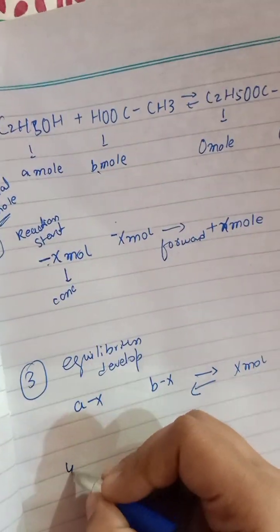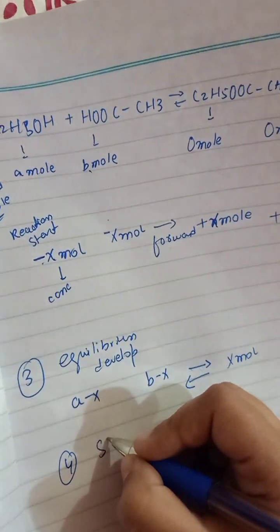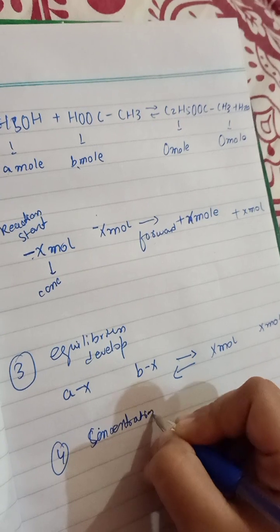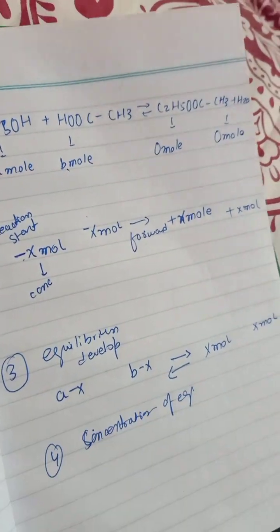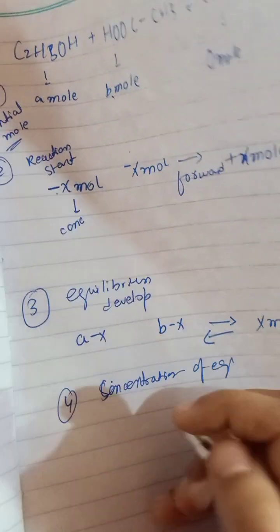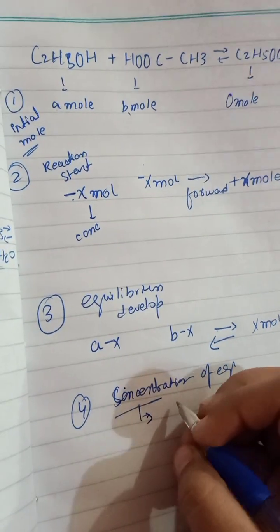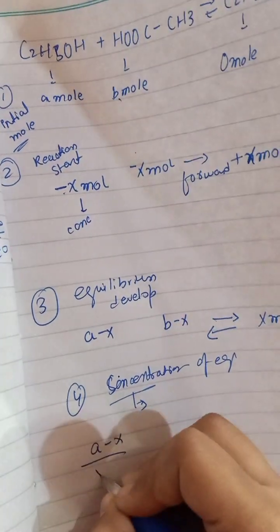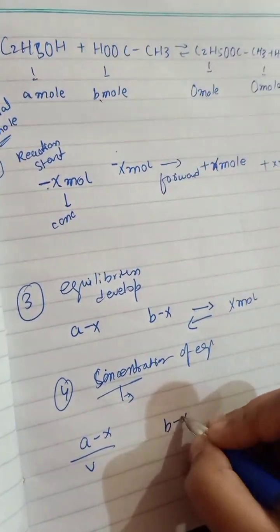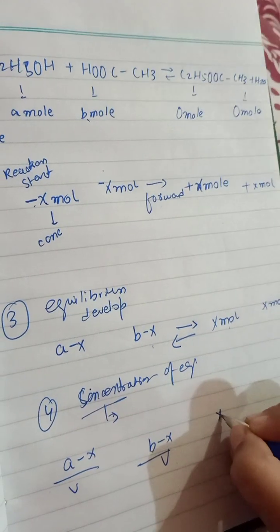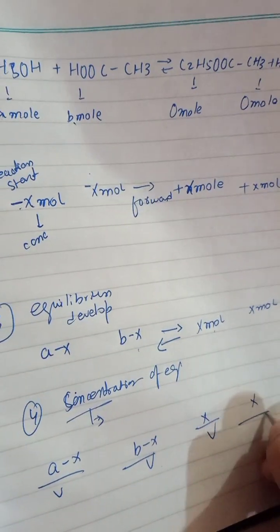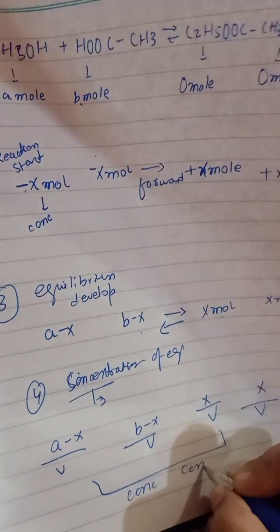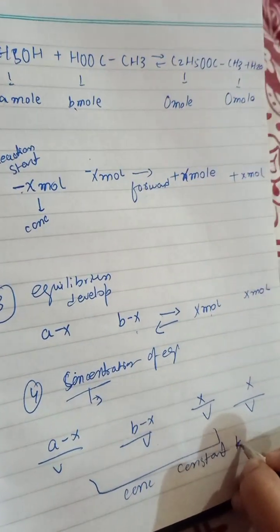In the fourth step, we take the concentration at equilibrium. As you all know, the concentration formula is moles per dm cube. So we can write A minus X upon V, B minus X upon V, and X upon V, X upon V. This is the concentration which is constant, which is Kc.